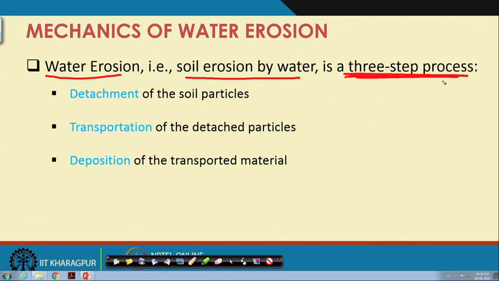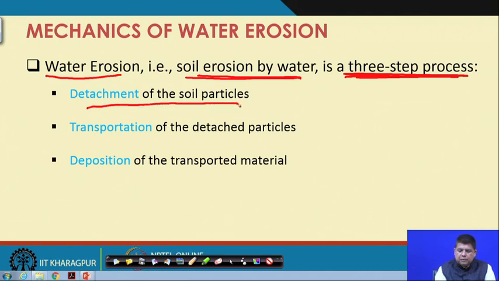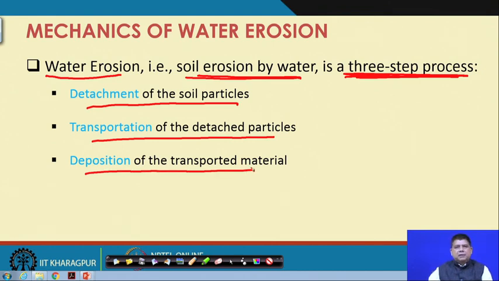The processes are detachment of the soil particles, that is process number 1, then transportation of the detached soil particles, that is process number 2, and deposition of the transported material, that is process number 3. So, soil erosion by water is a 3-step process: detachment, transportation and deposition. So, we start with the detachment.